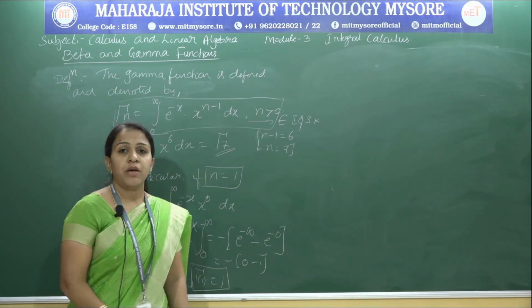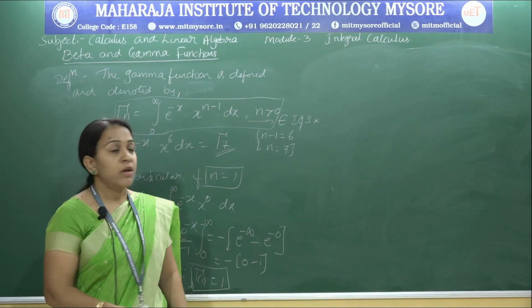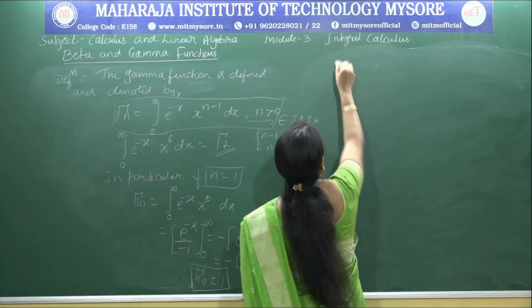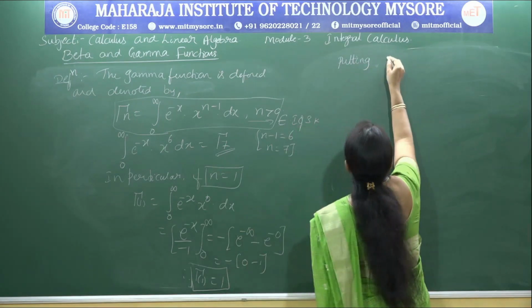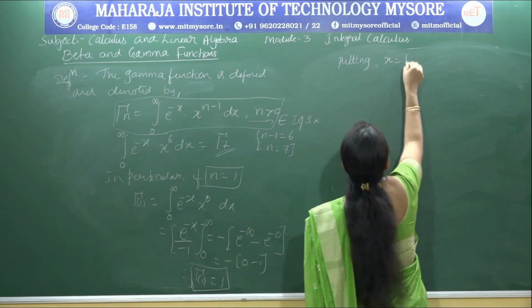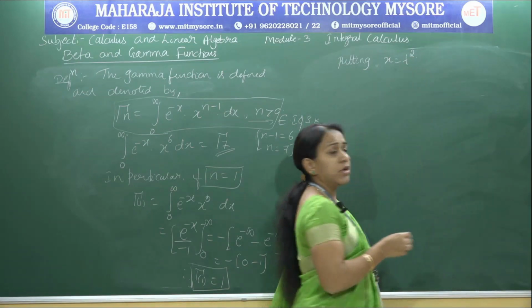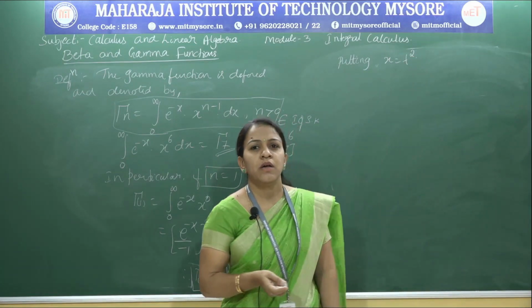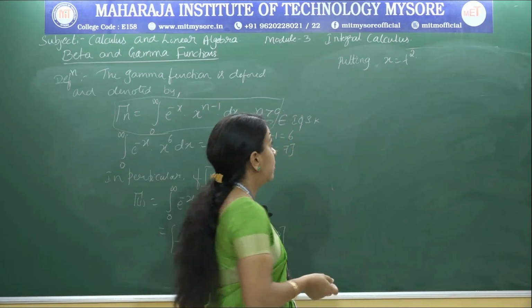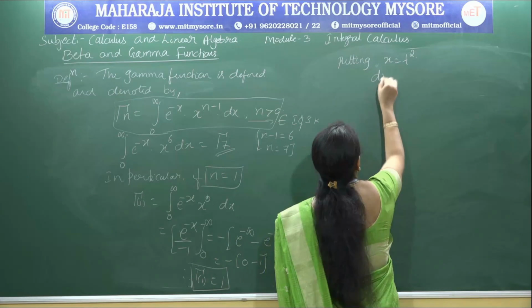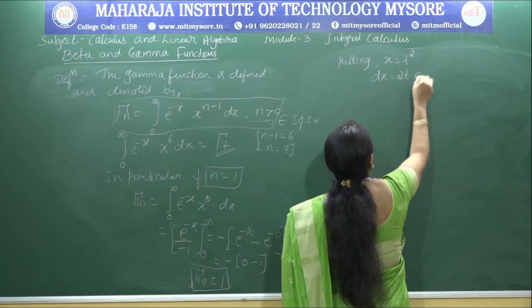Okay. Let me define gamma in another form, by putting x equal to t square. I can define it in another way which is convenient, or useful to solve problems, that is dx equal to 2t dt.